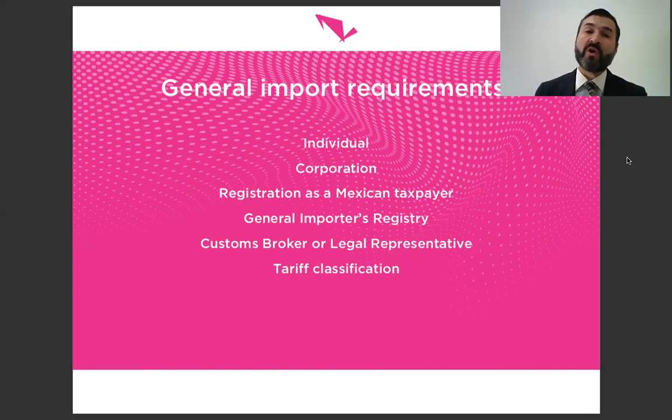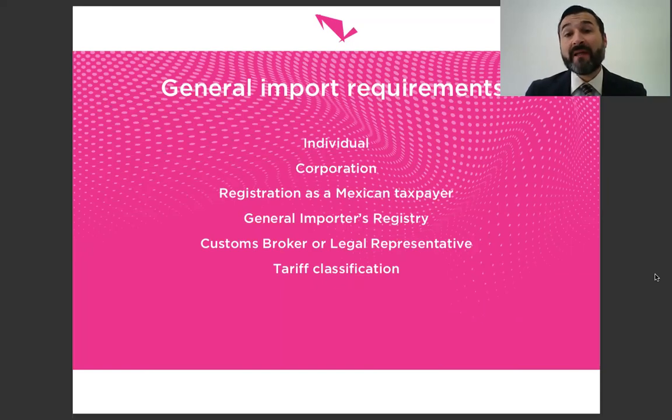A customs broker is a person authorized by the government, specifically by the customs authority, to supervise your customs and trade operation. The specific importation that you are planning to do has to be supervised by this customs broker.